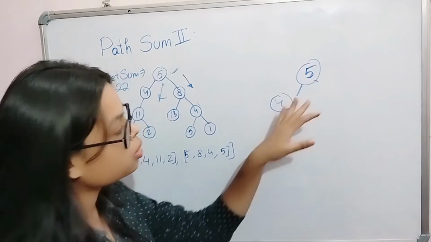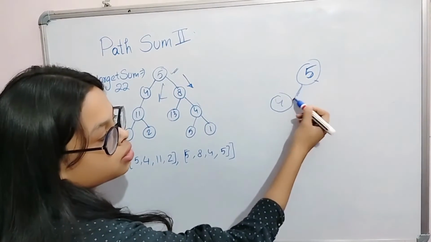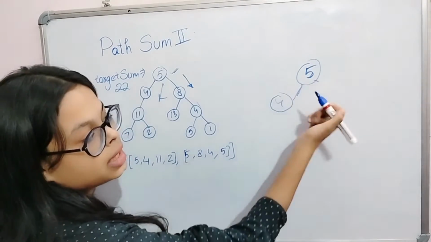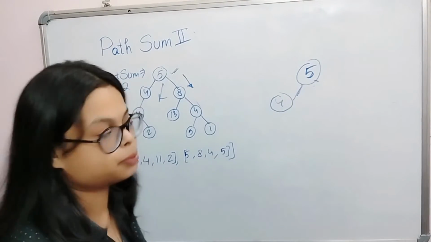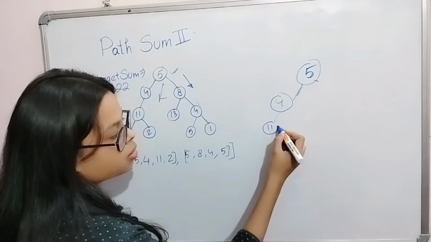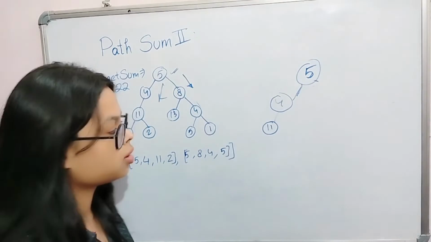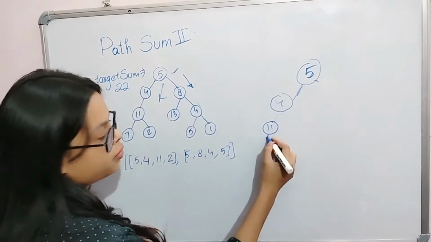So to the left of 5 we have 4, to the left of 4 we have 11, and to the left of 11 we have 7.